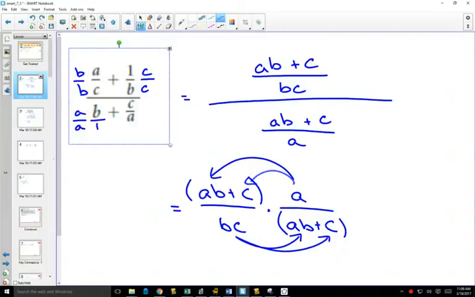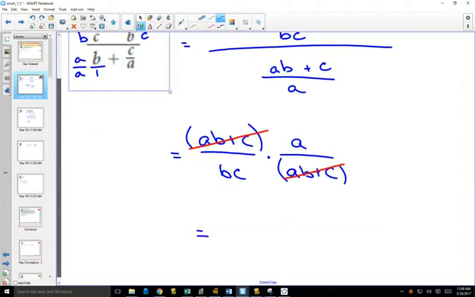I don't want to go too quick and just do a rule like that, because I might have something in common here that I could cancel out. Can you see that you have an ab plus c and an ab plus c? And those factors are identical. So may as well simplify them first. You're always going to want to check to see if you can simplify things. And we get our final answer is a over bc. Single fraction, simplified, nothing you can factor.